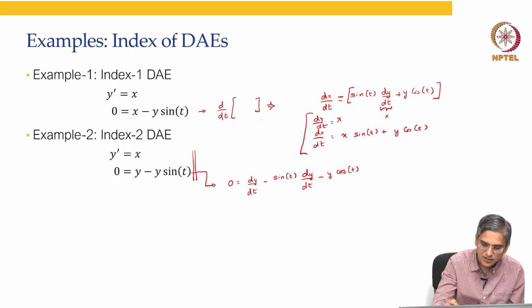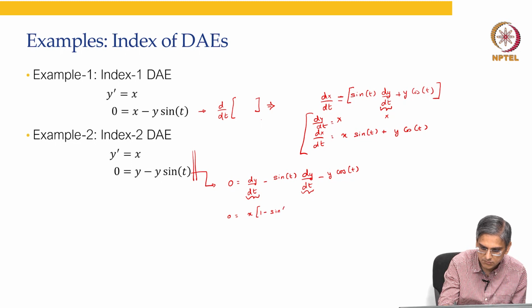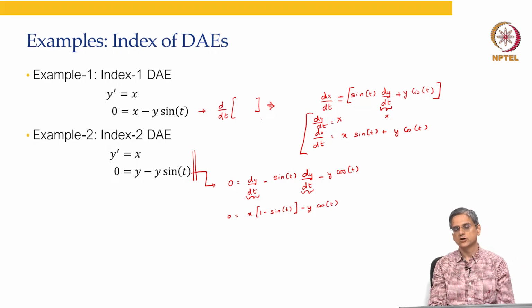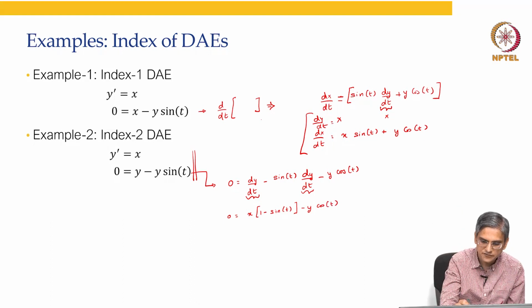To get that, we realize that this is x, this is x. So, we will write it as 0 equal to x minus y cos t. Now let us differentiate it the second time.